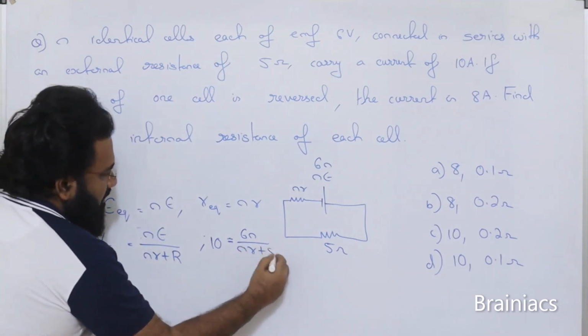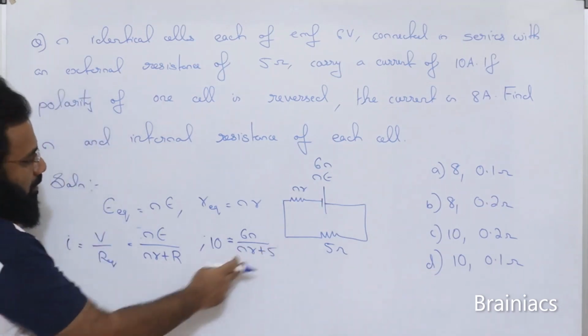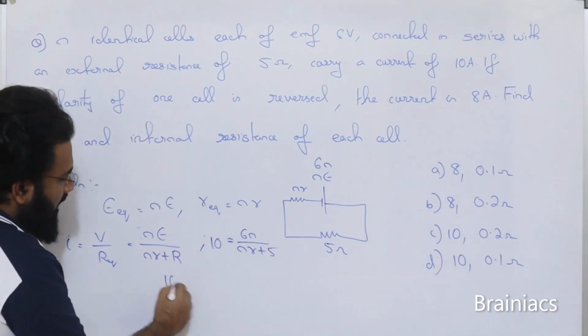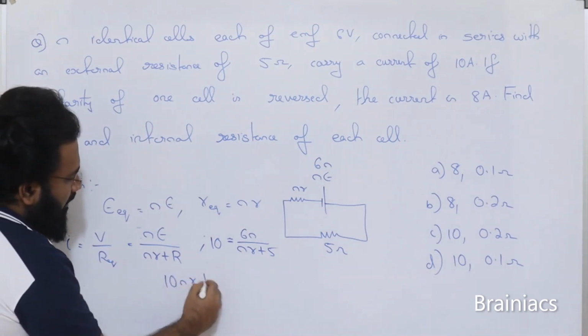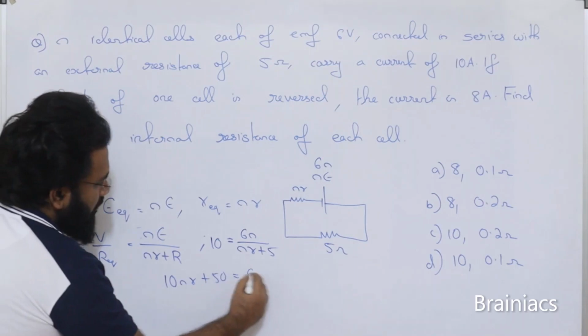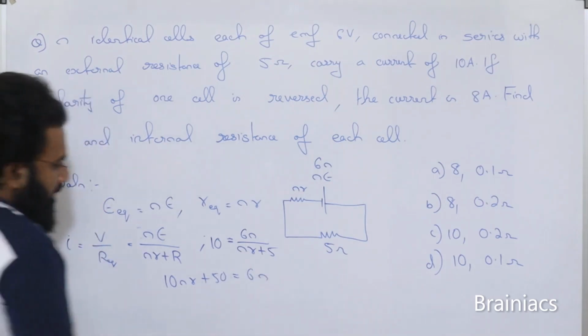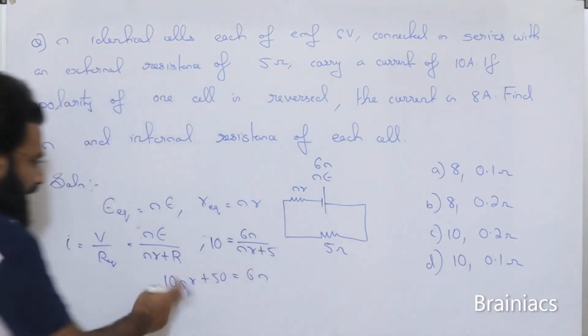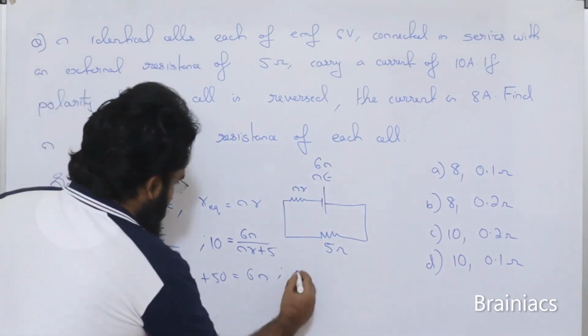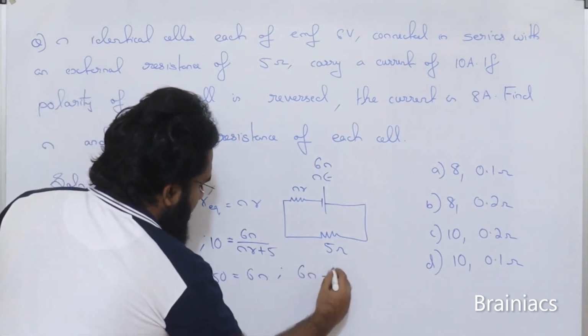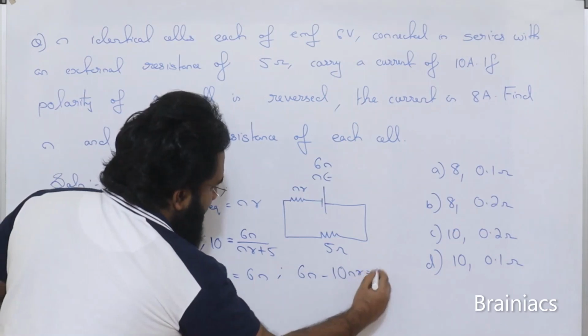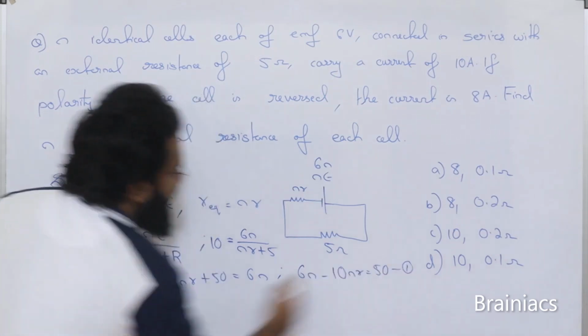So cross multiplying, we get 10nr plus 50 is equal to 6n. If we rearrange, we can write 6n minus 10nr is equal to 50. Let it be equation number 1.